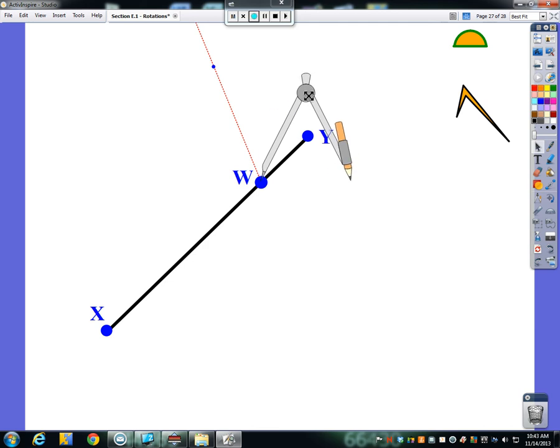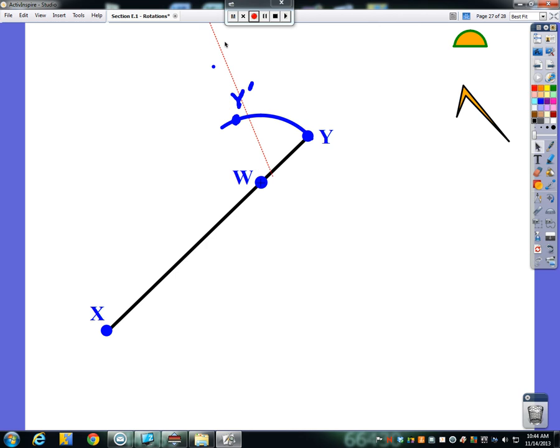So put the pointy end on the center of rotation, which is W. We just need to set now our compass to be on Y. And again, now we can just mark, yep, we're on Y. So let's swing it around. Where it crosses, there's where Y prime is going to be located.